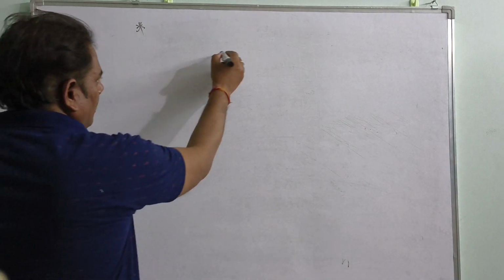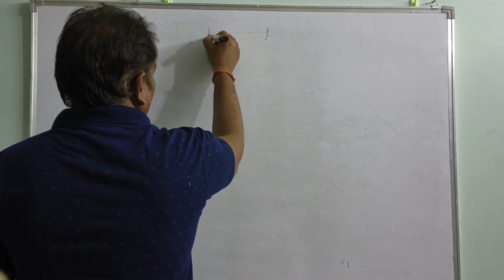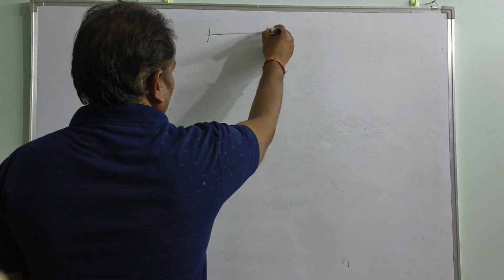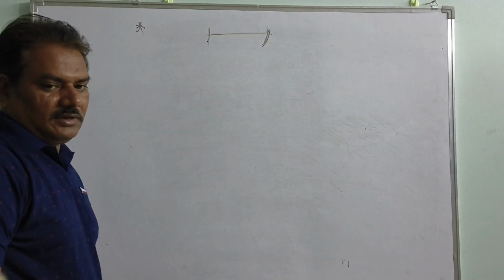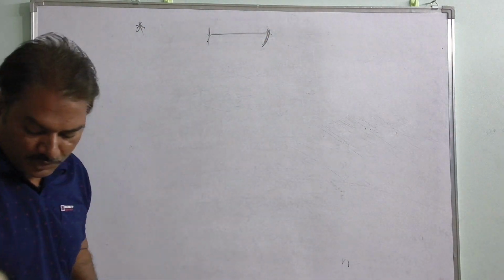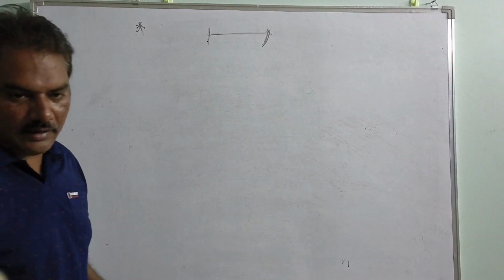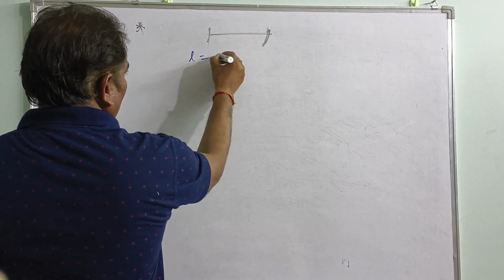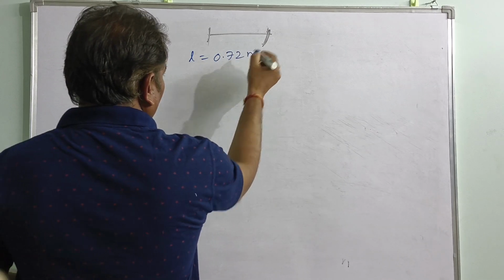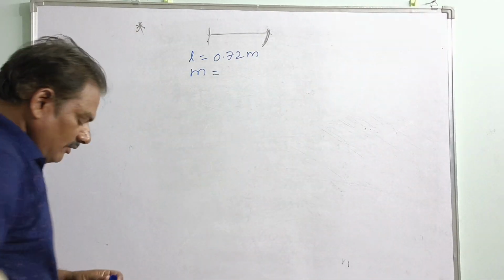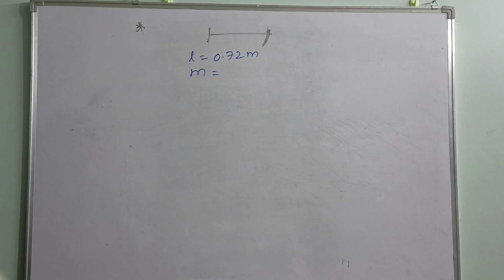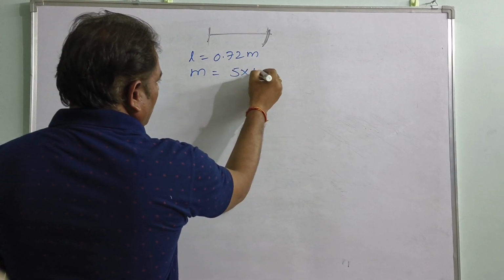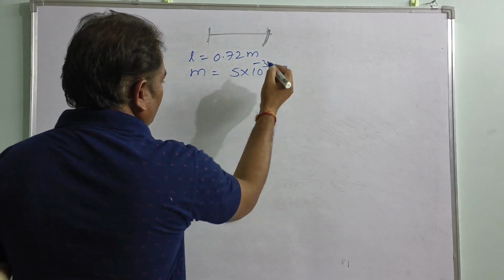A steel wire 0.72 meter long has a mass. Length is 0.72 meters, and it has a mass, that mass is 5 into 10 power minus 3 kg.